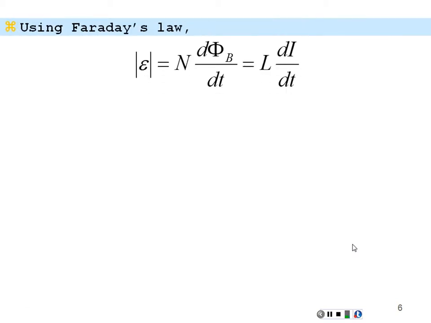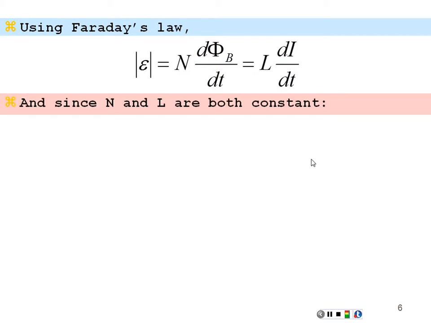Using Faraday's law, the average voltage should be equal to the number of turns times the change in flux through a turn per time, and we just proved that that is proportional to the change in current per time by this constant called the inductance.